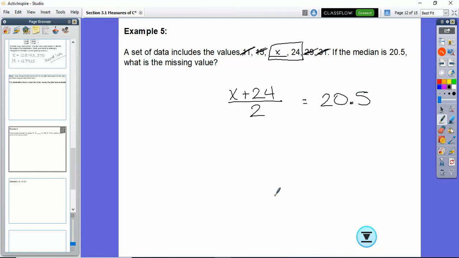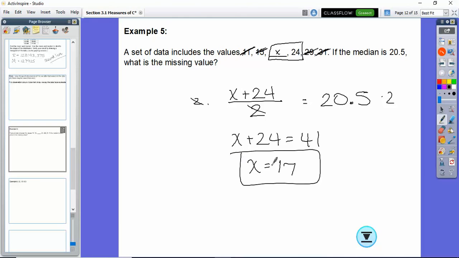Median was 20.5. So then we can solve this equation. Multiply by 2. Subtract our 24. Get the missing value of 7. Is that one okay?